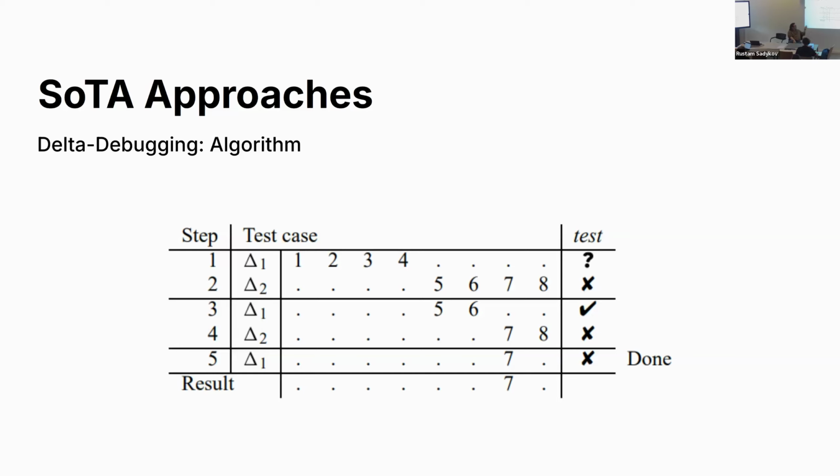And at the end, when each group consists of only one item, we try to throw out only one item. And if we reach the point where we cannot throw anything out, we have finished. And as a result, we receive something smaller, probably.